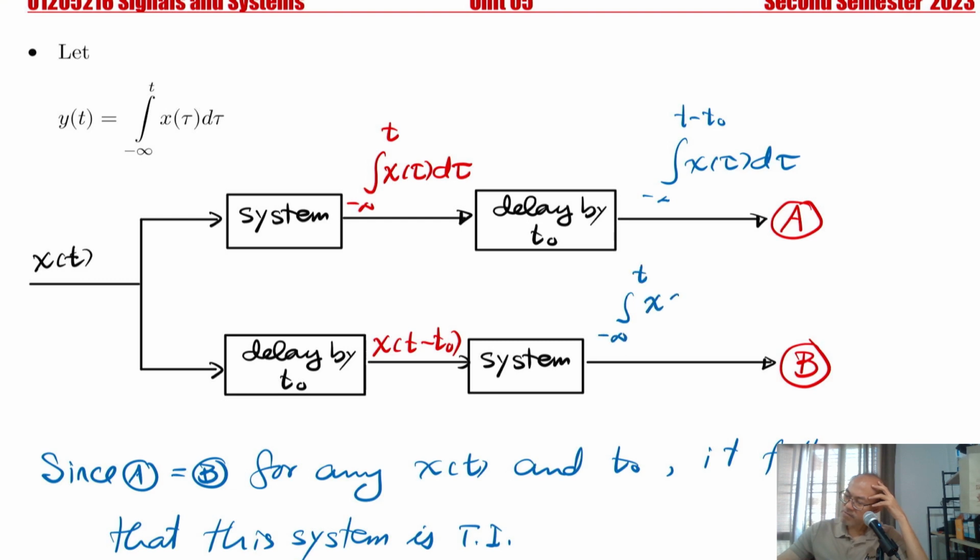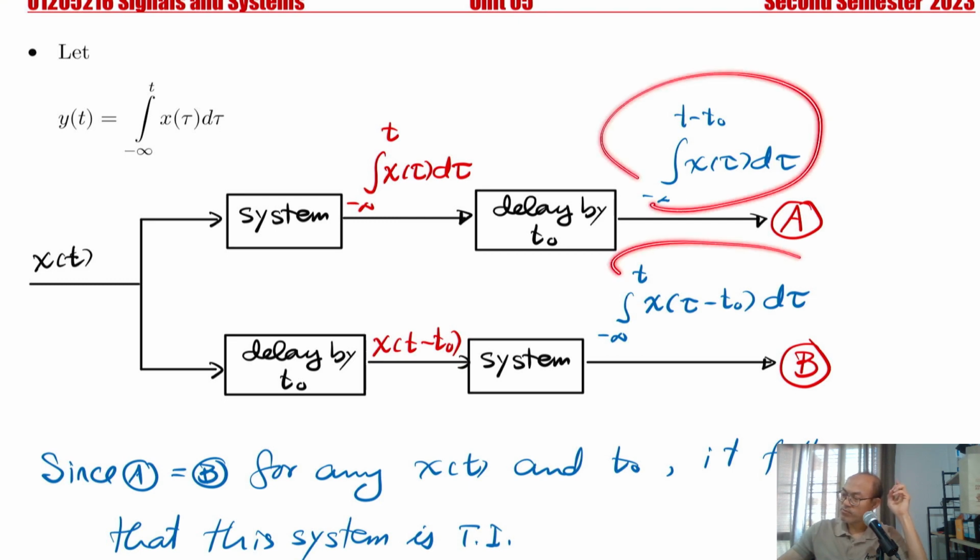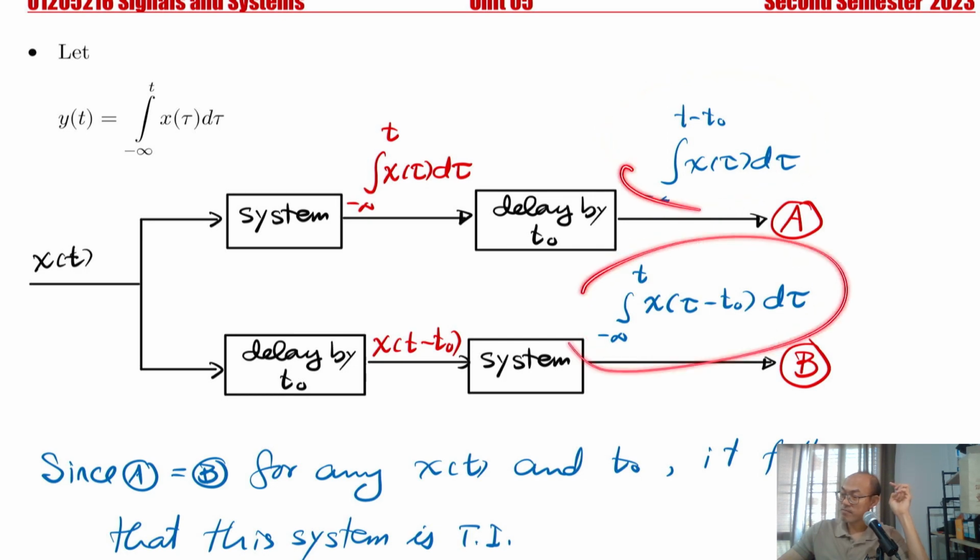But now I have to plug in whatever I have. I have to change it to tau, so I have x of tau minus t0 d tau. Now the last step is to show that these two are actually the same. Can you do that?